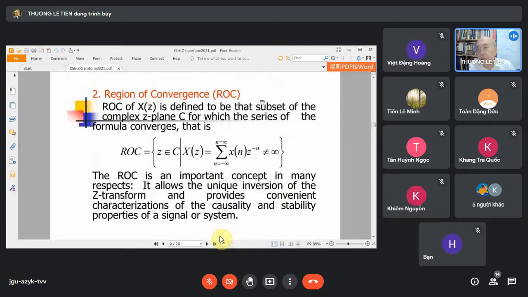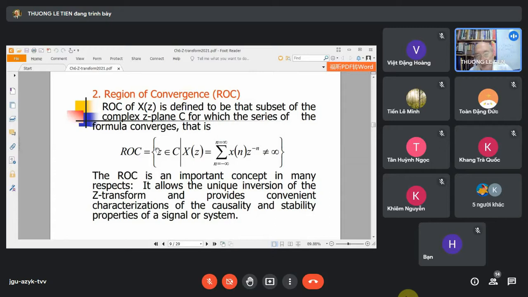Now, the region of convergence, in Vietnamese we normally say miền hội tụ. Like in the signal transformation, we address the region of convergence because that is what makes the condition to work out the inverse transformation.